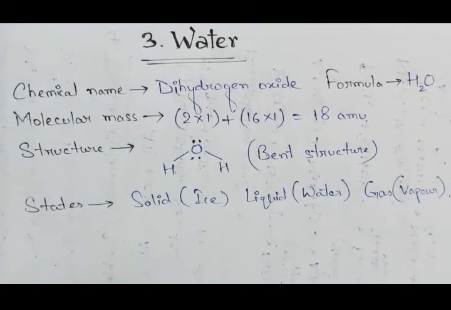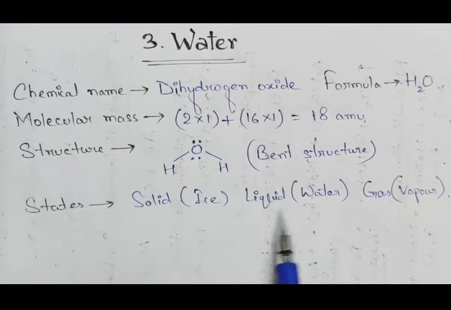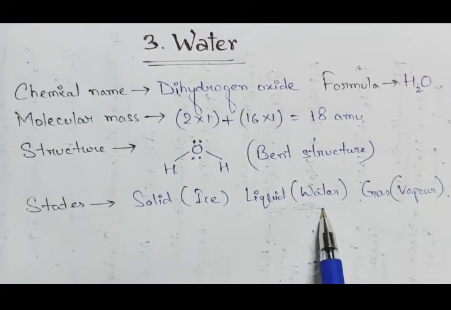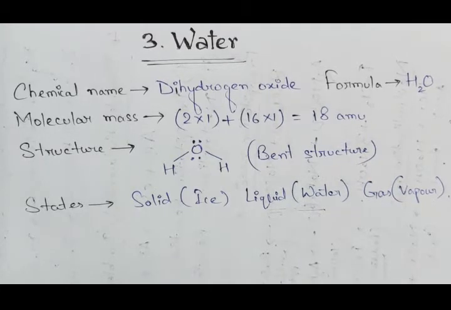Okay, so generally water exists in the liquid state and we call it normal water only. So at normal pressure and normal room temperature, water exists in the liquid state. Clear?